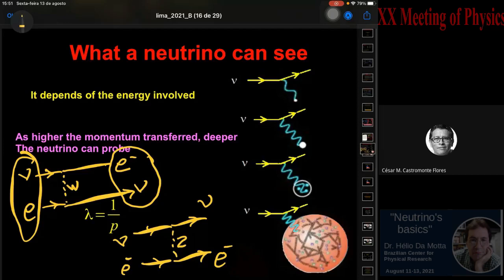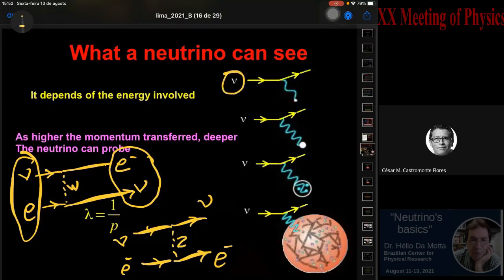But for that to happen, the energy involved is important. Nothing can happen with less energy. If you have a process of any kind that requires a certain amount of energy to happen, and you don't have that energy at the beginning of the process, it is not going to happen. So here we have a neutrino.